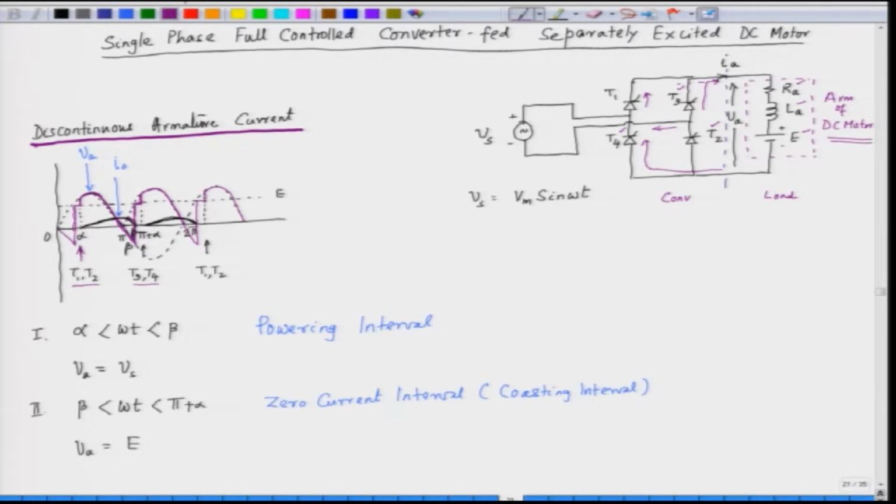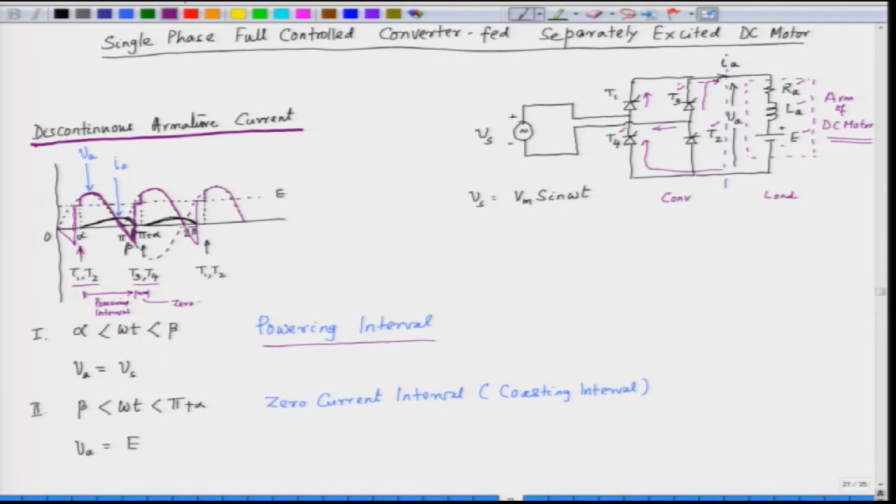One is called the powering interval, from alpha less than omega t less than beta, from alpha till beta. From beta to pi plus alpha, up to the instant when the next SCRs are triggered, is called the coasting interval or zero current interval.